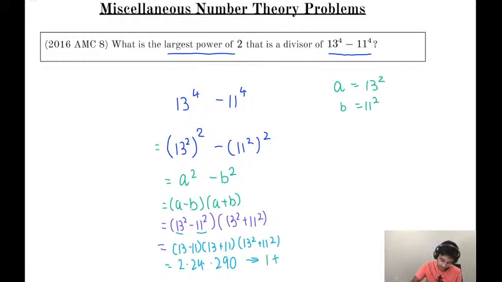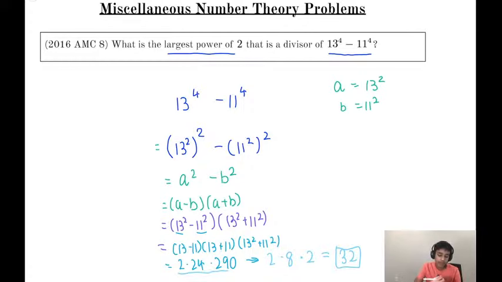And the largest power of 2 that divides 290 is 2. We can only divide by 2 once there. So the maximum powers of 2 are 2, 8, and 2. We multiply them together to get 32.